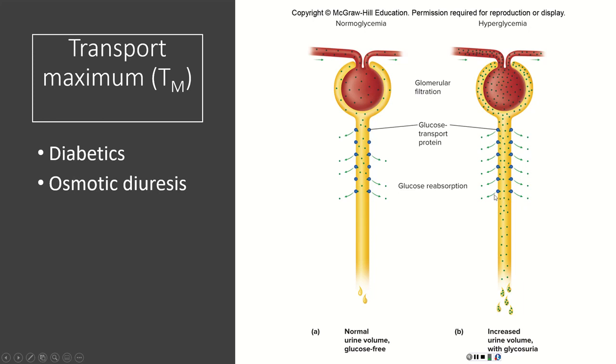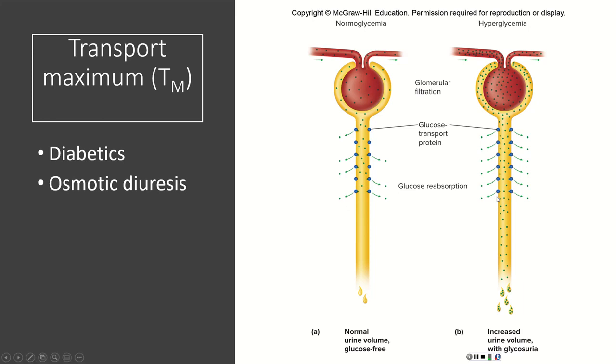So, how much glucose can each of these carry, or how much amino acid can each of these carry? They all have a rate, and that rate is called the transport maximum. And if we have more of the substance, if we exceed transport maximum, what happens?